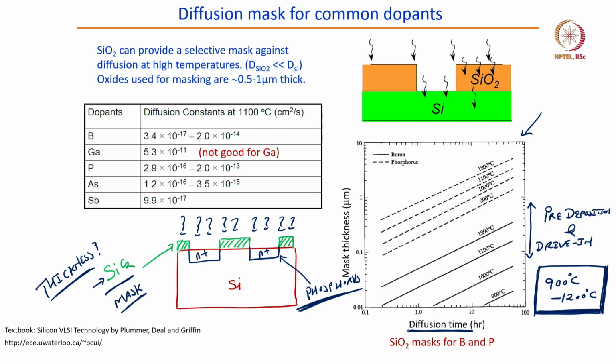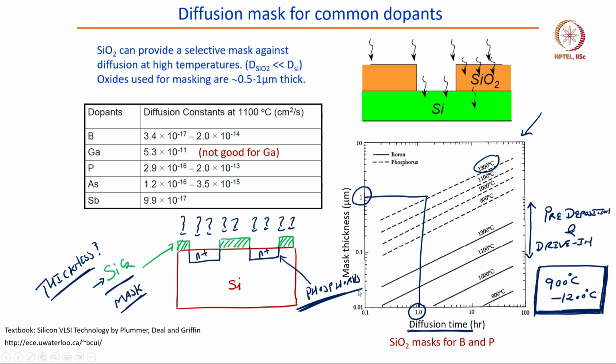So, let us take an example of phosphorus, which has to be doped for approximately 1 hour. Then the thickness of silicon dioxide can be determined like this, approximate. That means, it should be 1 micron thick if it is phosphorus at 1200 degree centigrade for 1 hour.